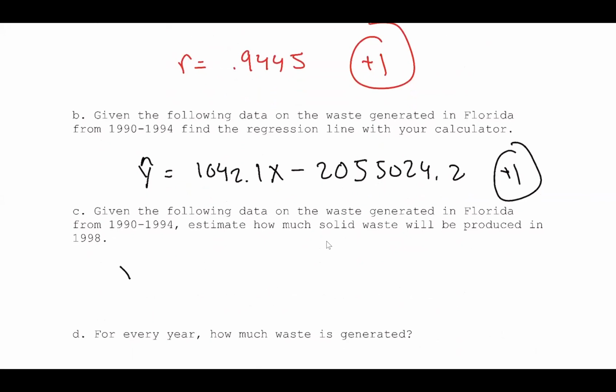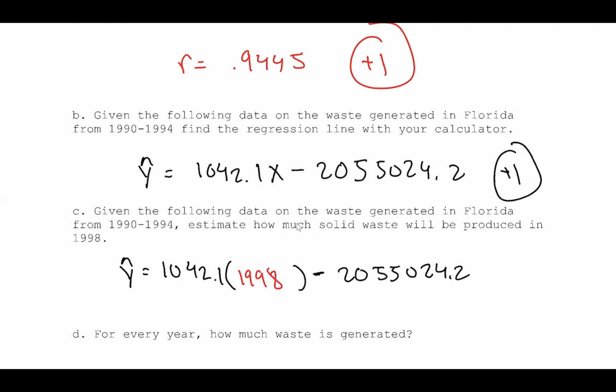So you say y hat is equal to 1042.1x minus 2055024.2, and here you enter 1998. You just want to make a prediction, because prediction and estimate are the same thing. So you substitute 1998 and find the answer.